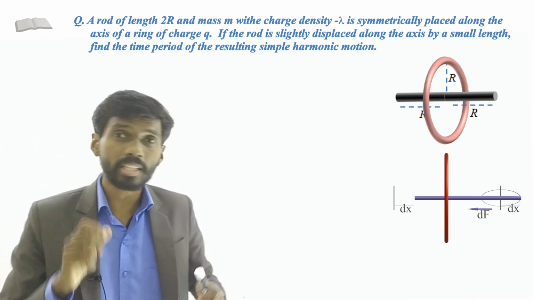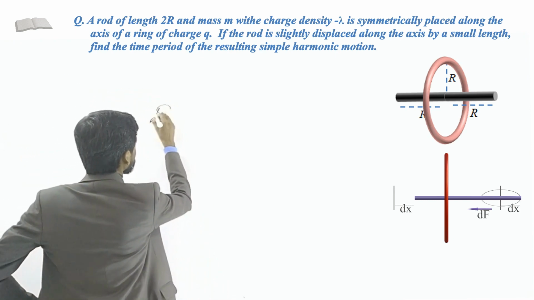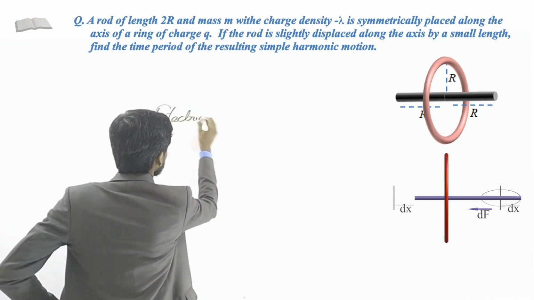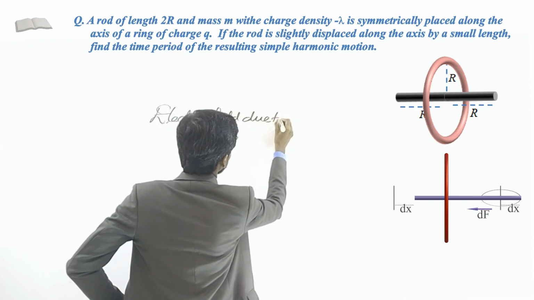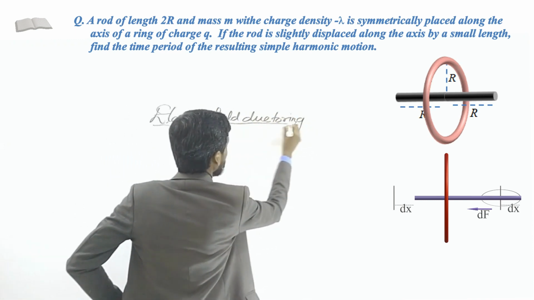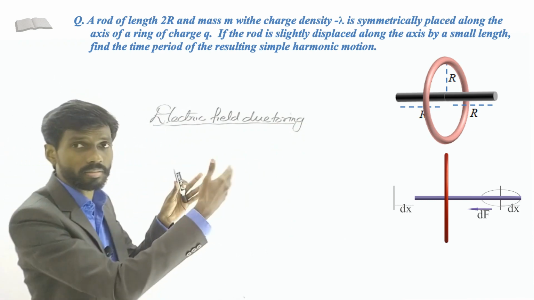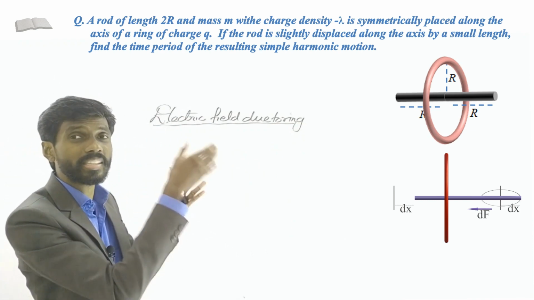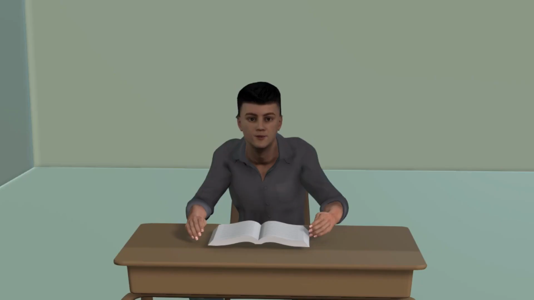First, let us write the electric field due to the ring. The electric field due to the ring at a distance, what is that distance? So that distance here is r, right? That portion 2dx is at a distance r from the center, but it is r plus dx, right?